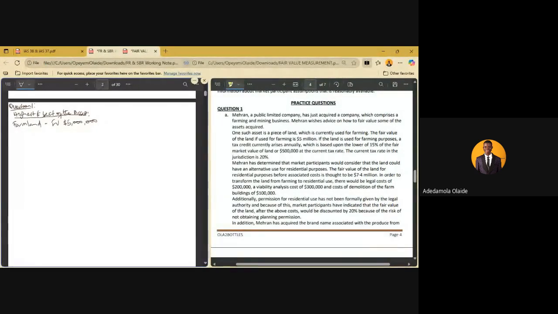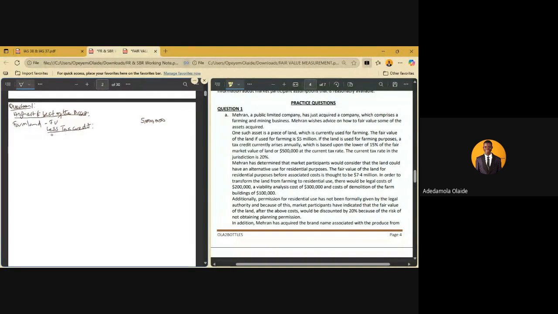So if they will enjoy a tax credit, let me do it this way. Fair value, 5 million, less tax credit. What is the tax credit?